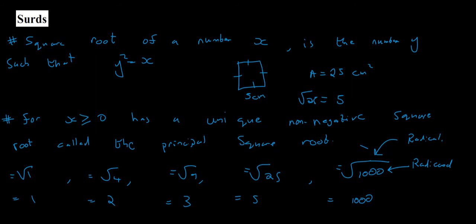A surd is quite different from a radical. A radical refers to the structure of a square root, whereas a surd is a radical that can't be simplified. Okay, so let's move on.